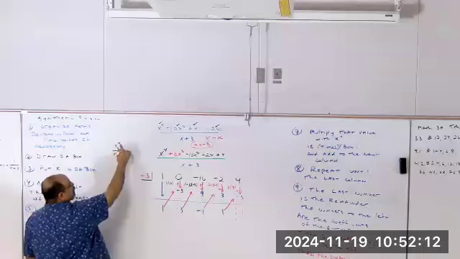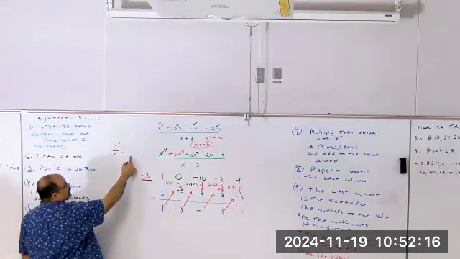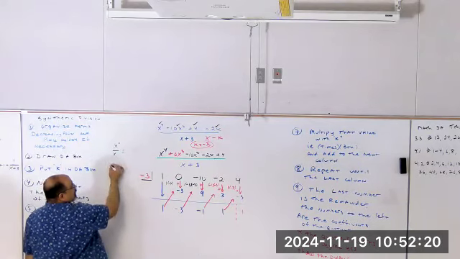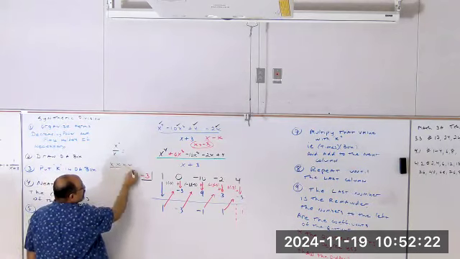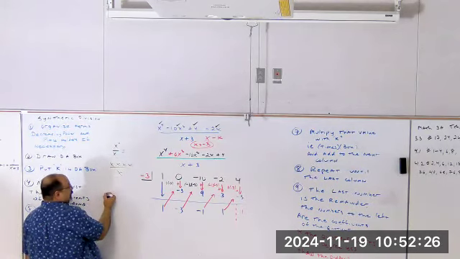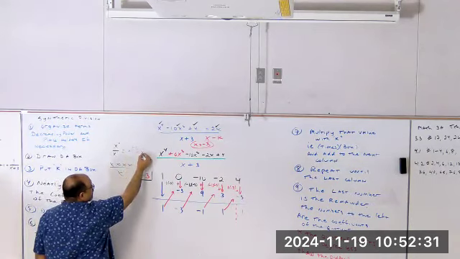X to the third, because x to the 4 minus 1 gives x to the third.